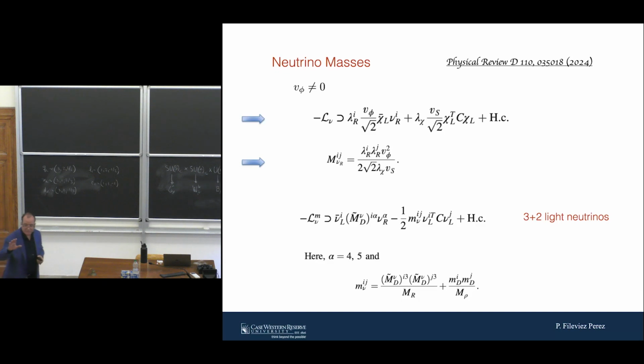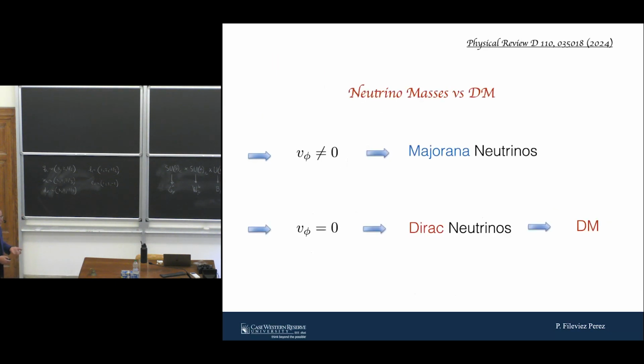And this is interesting because, again, every time that you write a theory you get something you never expected, because you had no idea that you would get 3 plus 2 light neutrinos. Okay, in this case, all of them mix, and this chi is not stable. Now, one has to be more general.